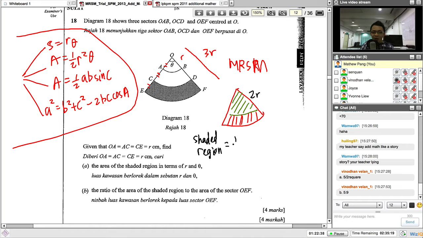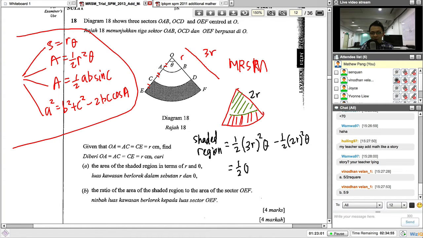It's just 1/2 R squared. For the big sector, it will be 1/2 times 3R squared theta, minus the smaller sector, which will be 1/2 times 2R squared theta.